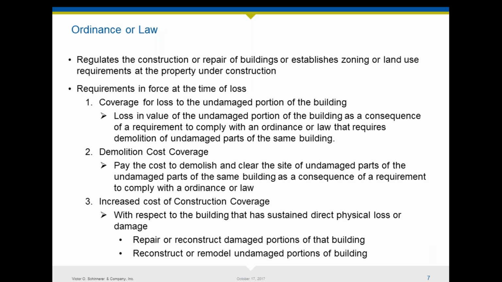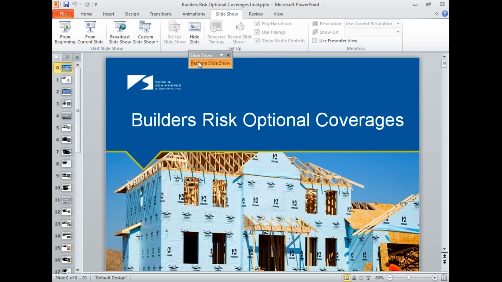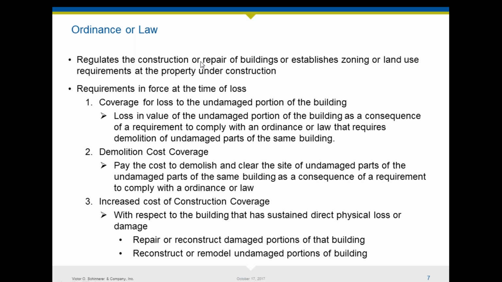Something that comes up quite a bit is ordinance or law, and I wanted to just highlight a few things about ordinance or law. And these are any type of zoning or land requirements at the property under construction.